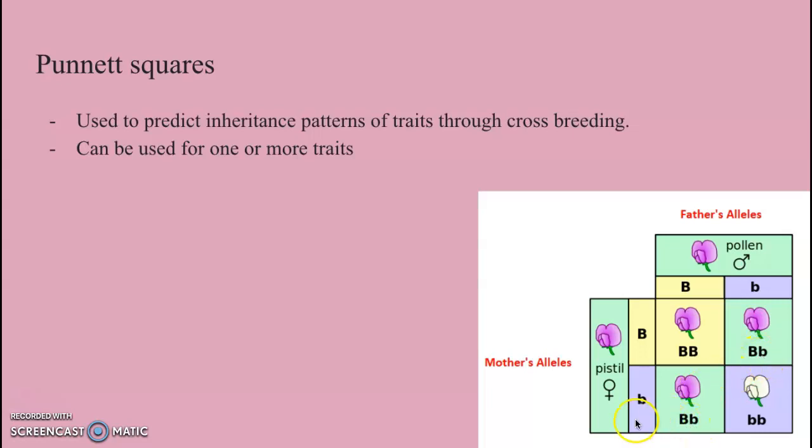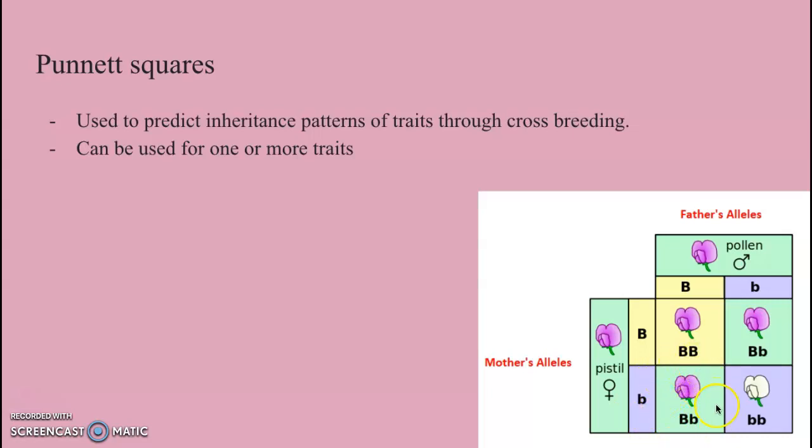Now this is where it gets really hard for students whenever they're first learning about Punnett squares. You see this lowercase b, and a lot of students will just write lowercase b and look up here, see, okay, capital B, and write the capital B. That is not the case, students. Whenever there is a capital B, you always put the capital first, and then you can write lowercase b.